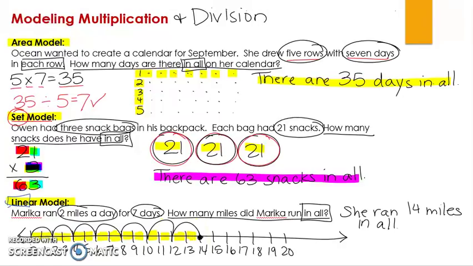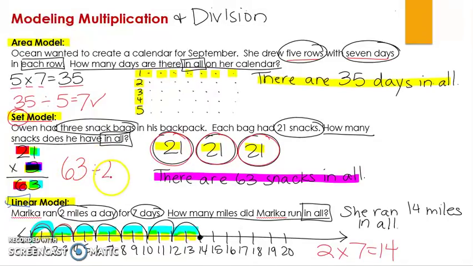And how many days did she run? 7. 1, 2, 3, 4, 5, 6, 7. So we jumped 2 spaces. How many times? 7 times. So when you run 2 times 7, that's 14 in all. And we can use inverse operations to check our answer.